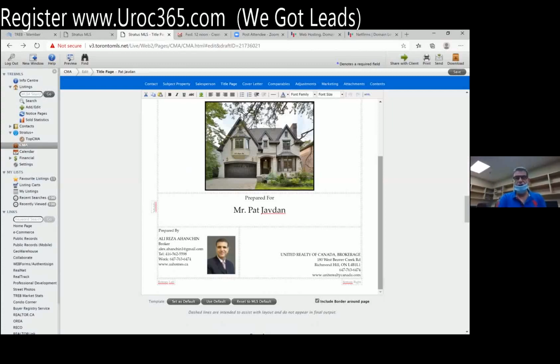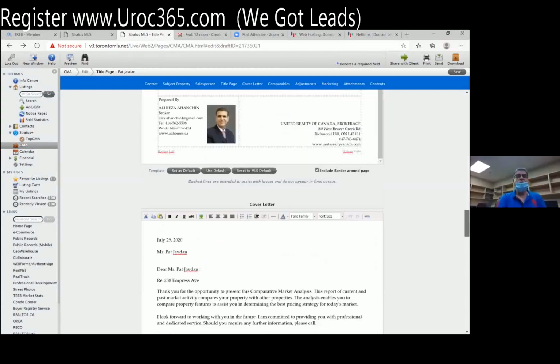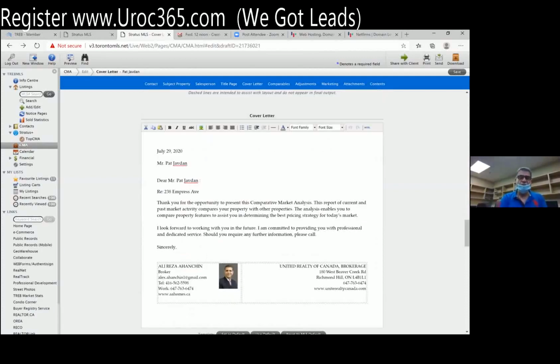Now we go to the next box. There is a letter, automatically the letter comes up. It's July 29, 2020. Dear Mr. Pat Javdan, regarding 238 Empress Avenue, thank you for the opportunity to present this comparative market analysis. This report of current and past market activity compares your property with other properties.